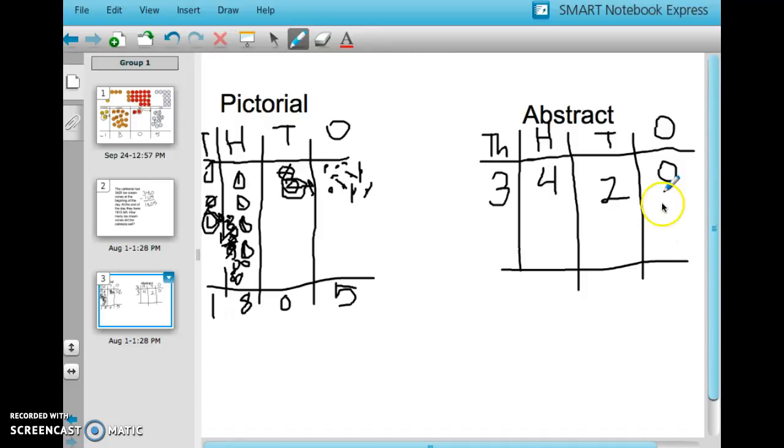So if we move over to the abstract model, we know we need to subtract 1,615. Well, we have nothing here to subtract from, so we're going to go ahead and regroup from the tens place. Now we need to subtract 5. We have 10, which leaves us with 5.